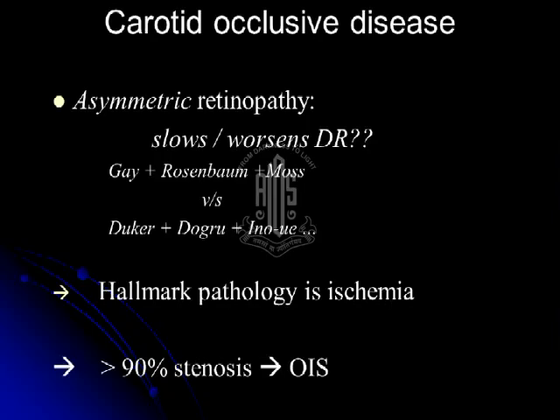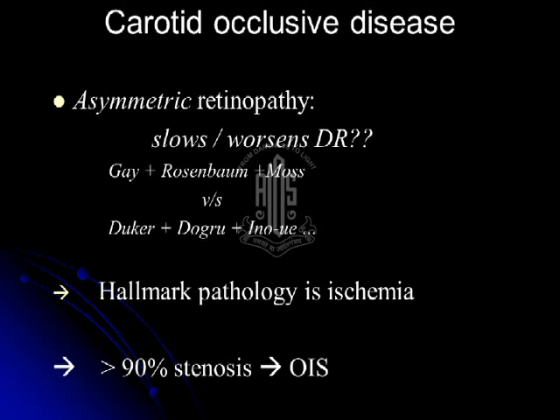Carotid occlusive disease can induce what is known as asymmetric retinopathy. It was believed initially by Gay, Rosenbaum, and Moss et al. that it slows down or retards the progression. It's actually good for diabetic retinopathy. But that's counterintuitive logic, and the current thinking is that it actually worsens diabetic retinopathy because of inducing extra ischemia.